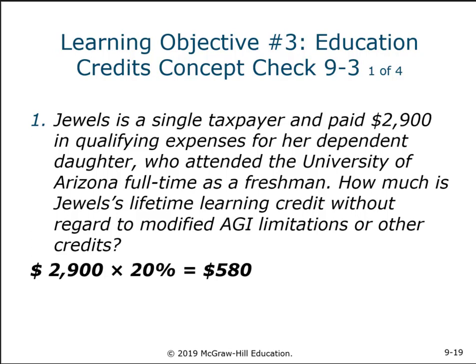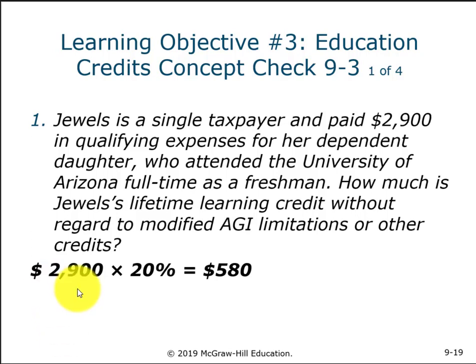Taking one class isn't going to qualify for AOTC, but it would work for lifetime learning, because lifetime learning credit is broader in what it covers, in that it can be used for graduate education, and for part-time or single courses, that sort of thing.